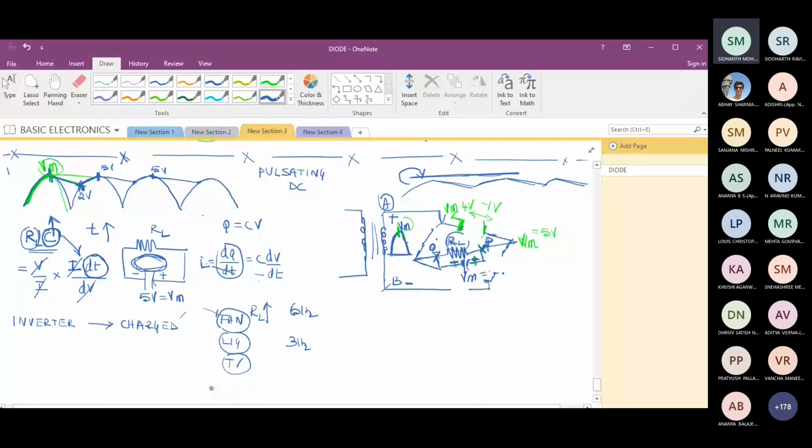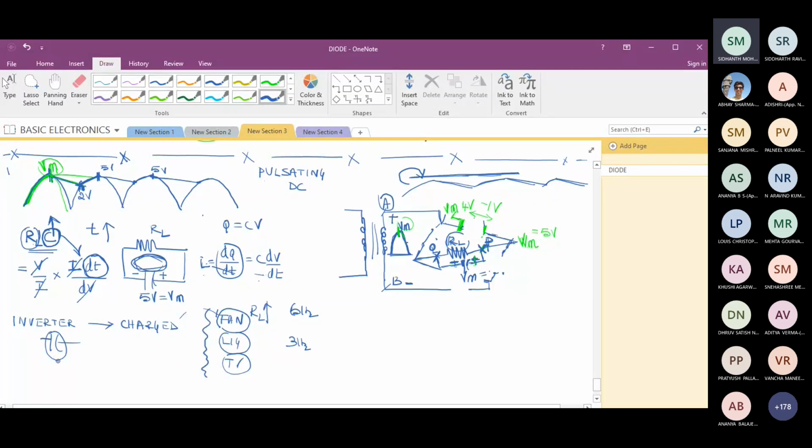So you can imagine, actually the inverter is a capacitor. When the power is on, the inverter battery simply gets charged, meaning the capacitor gets charged. And these are the loads connected. If you don't turn on the load, the capacitor will hold the charge.